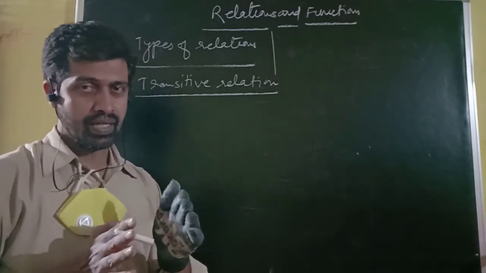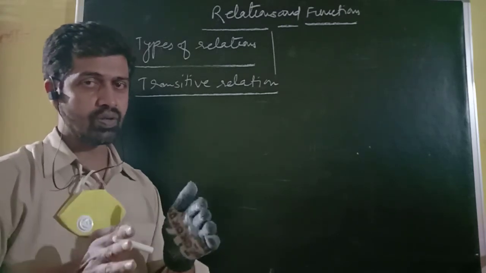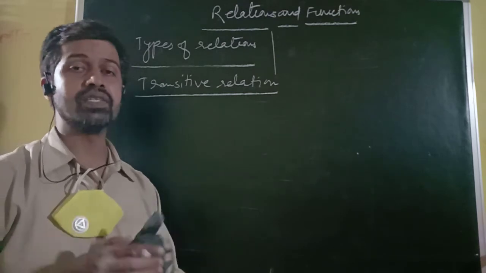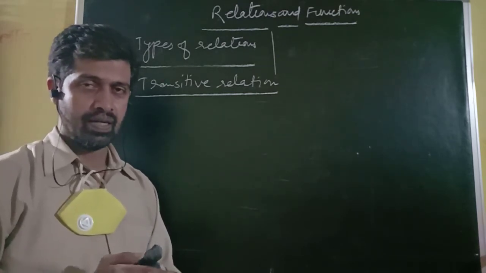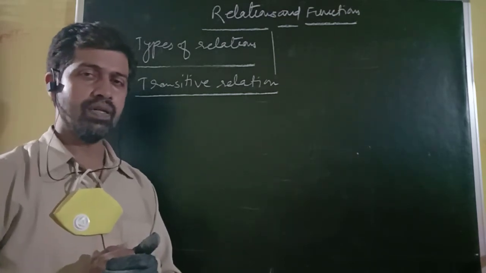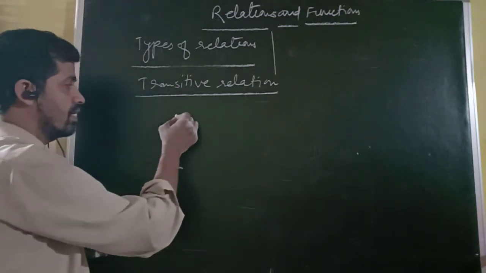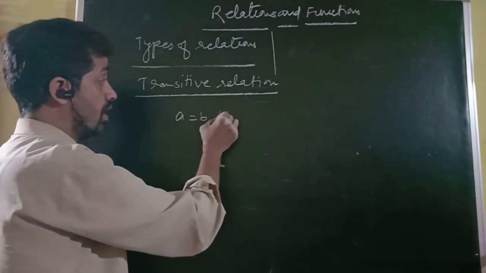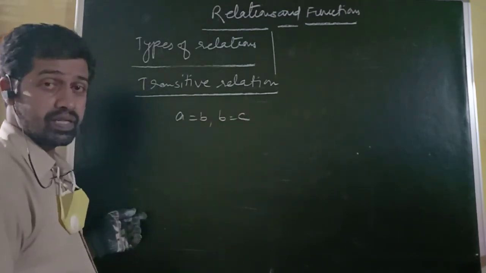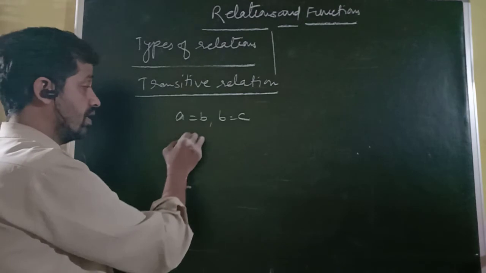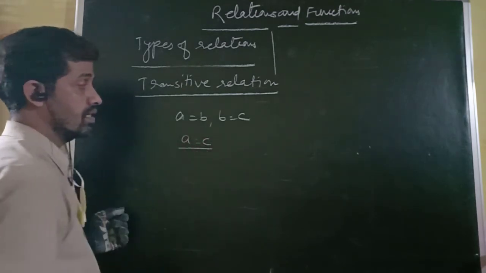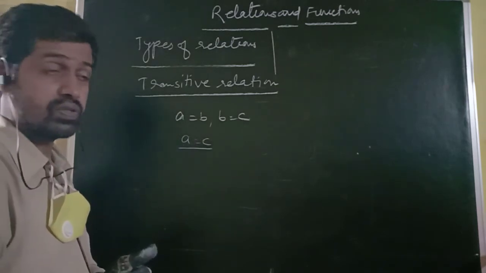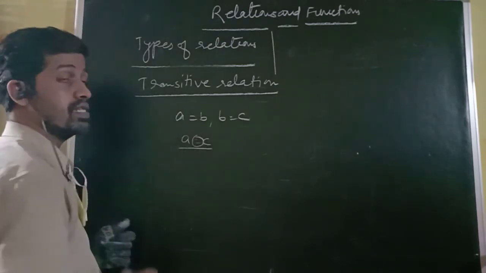So here the same locality concept is transitive. Take an easier example. A equals B and B equals C. Then it is obvious, or logically we can accept, that A equals C. So here equality is a transitive relation.